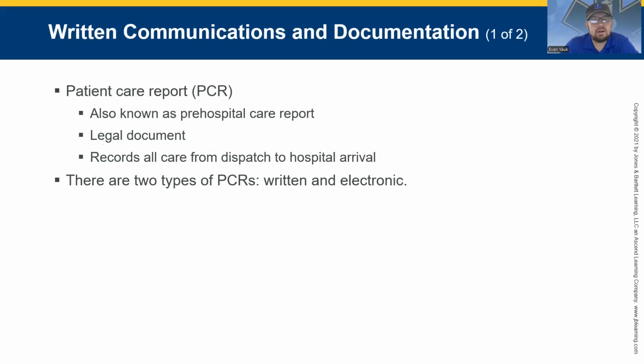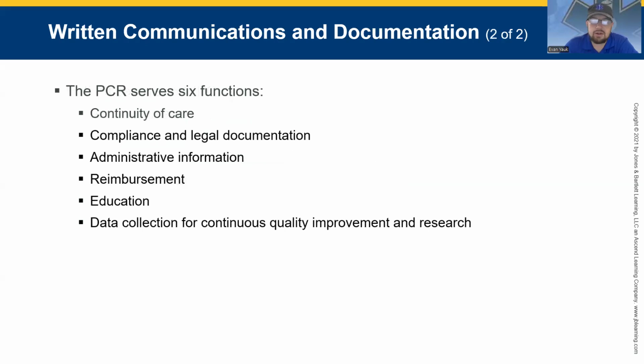Written communication documentation, patient care report, or PCR, also known as pre-hospital care report. It is a legal document, records all care from dispatch to hospital arrival. There are two types of PCRs, written and electronic. Most everything's electronic now.